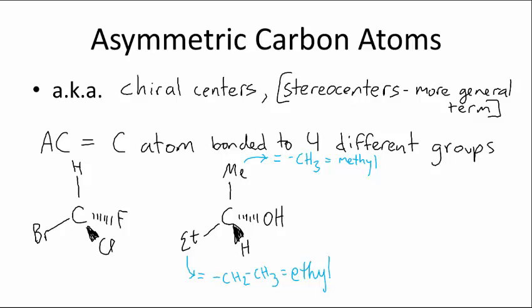So asymmetric carbons are what give rise to chirality in organic molecules. So most of what we're going to do is going to be focused on identifying asymmetric carbons and then being able to classify them in some way. Because if we want to keep track of which mirror image we have, we need a system for that. Just like we needed a system to say whether a double bond had E or Z configuration.